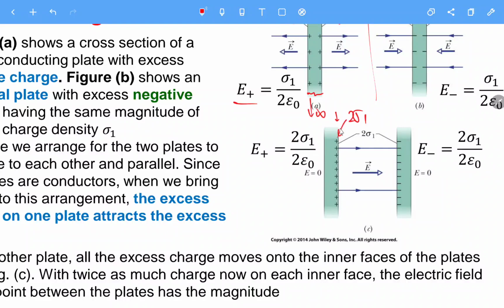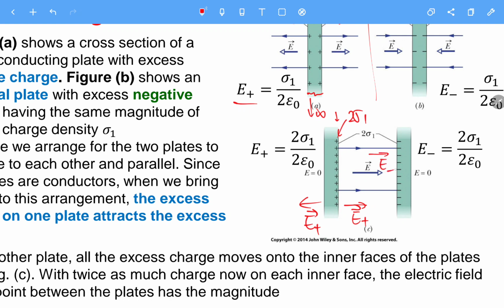For this one, the E field points to this side for E plus. And then for E minus, all the negative charge goes to this side, and here we have 2 sigma 1 over 2 epsilon naught. The direction of E minus will be pointing to the plate.